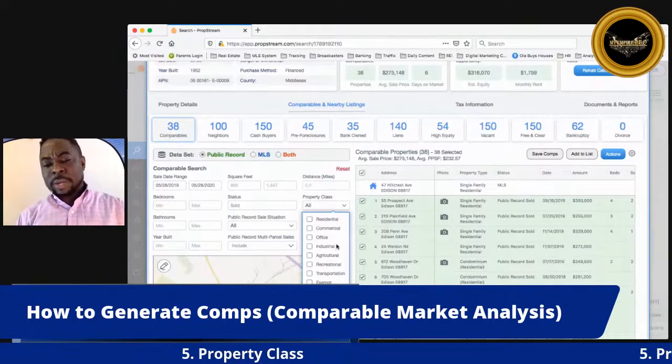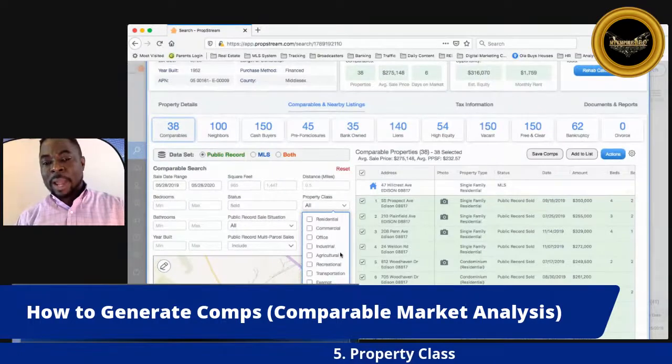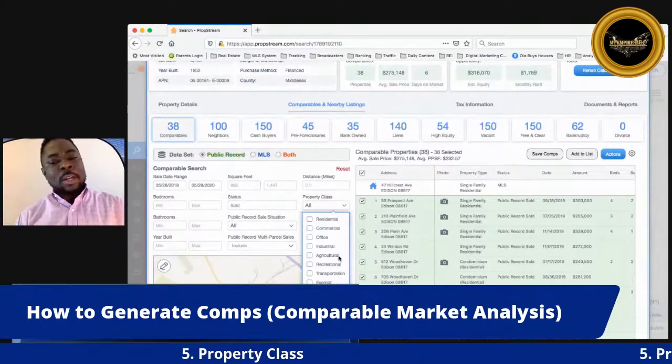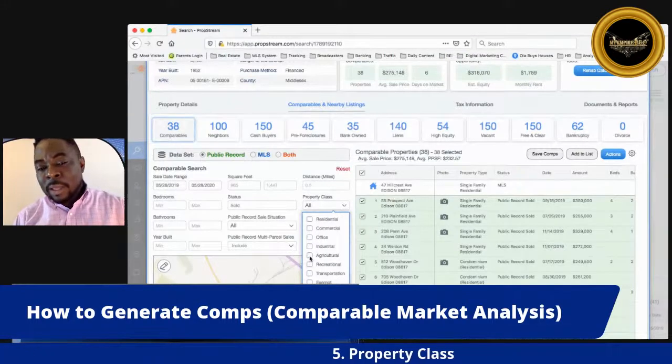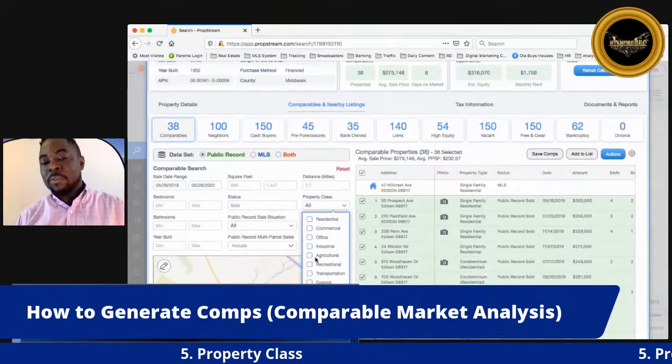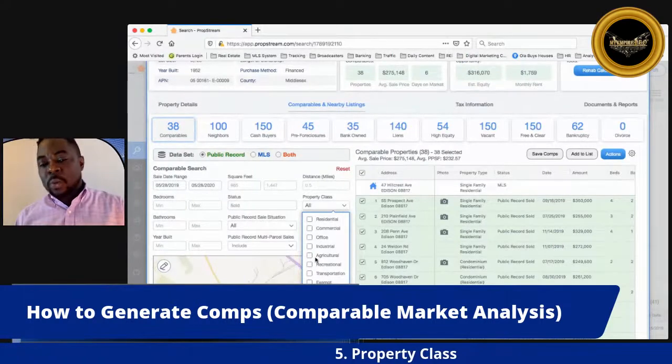Areas where you will see junkyards and stuff like that, right? Agricultural, like around the farm, right? Those are different property classes. If you have a cave in the middle of a farm somewhere, and you're trying to compare it with a real house, that's not going to work, right?